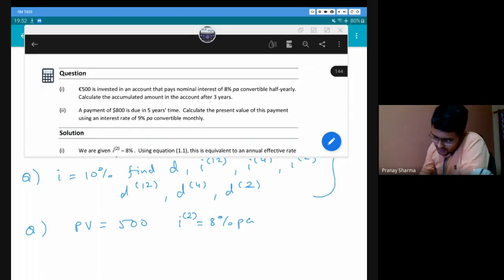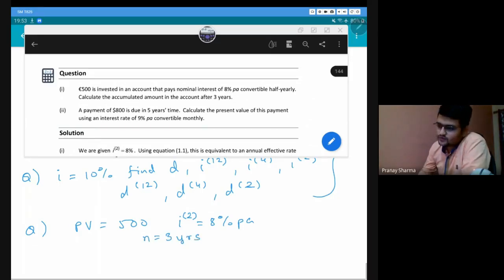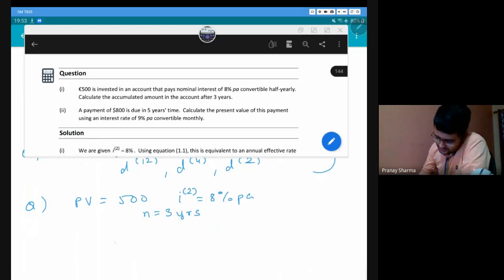We have to calculate the accumulated amount after 3 years. So n is equal to 3 years. We have two ways of calculating this. First, we can convert our I2 into I, the effective rate of interest per annum.